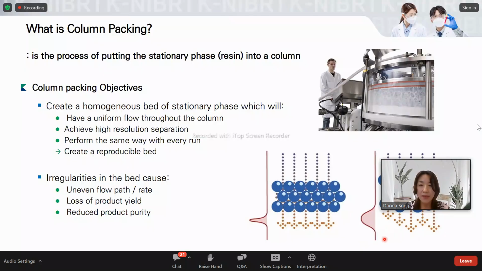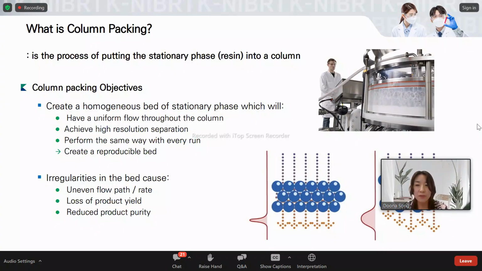When the column packing is done right, we can ensure a robust, reliable chromatographic process, but when it is done wrong, you risk expensive downtime and loss of product. Additionally, even with a homogeneous bed, packing too densely can cause channeling and early breakthrough.